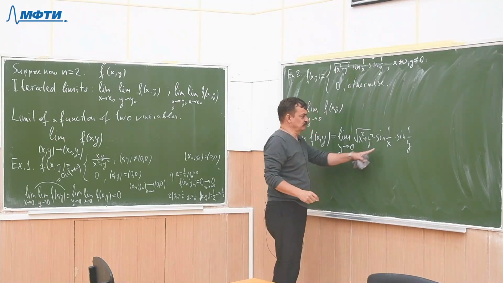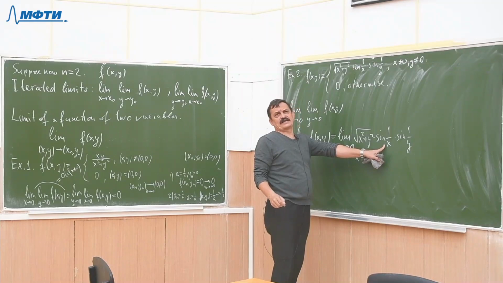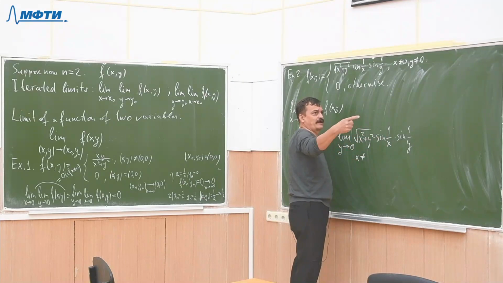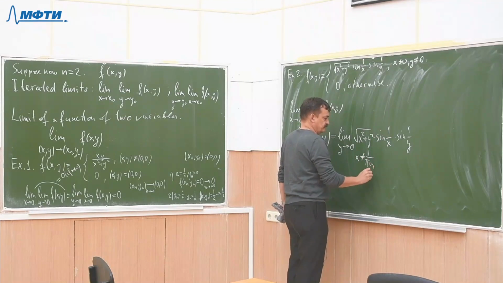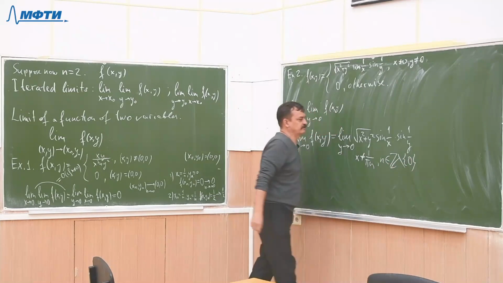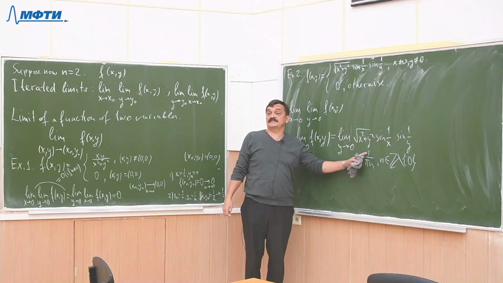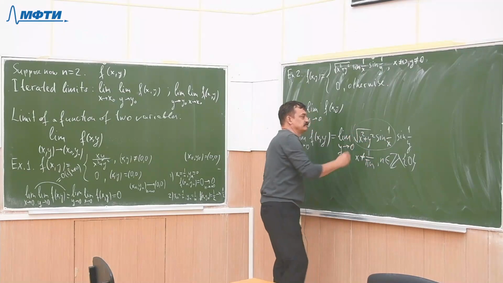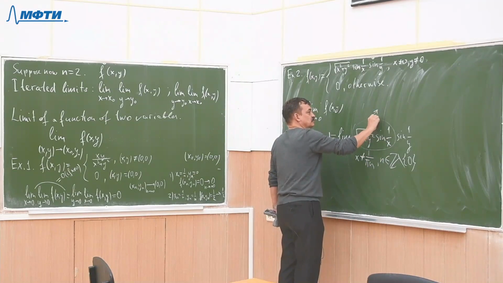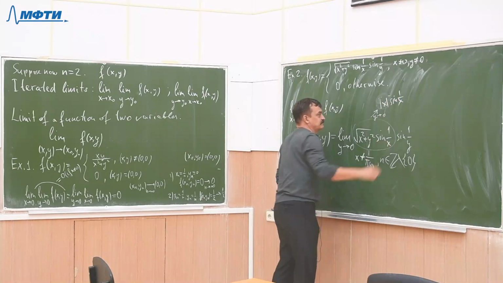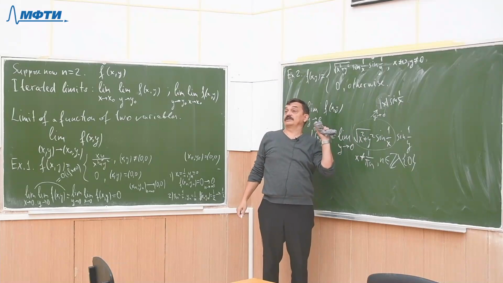Sine equals 0 if the argument is pi n, so x is 1 over pi n, an integer n but not 0. If x is not like that, then as y tends to 0, this number tends to the square root of x squared, so modulo x, times sine 1 over x, which is not 0 for this x.